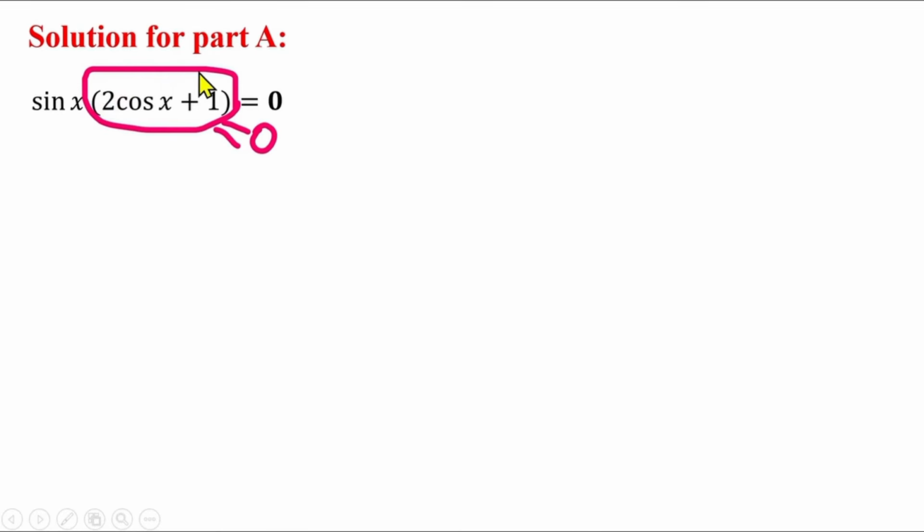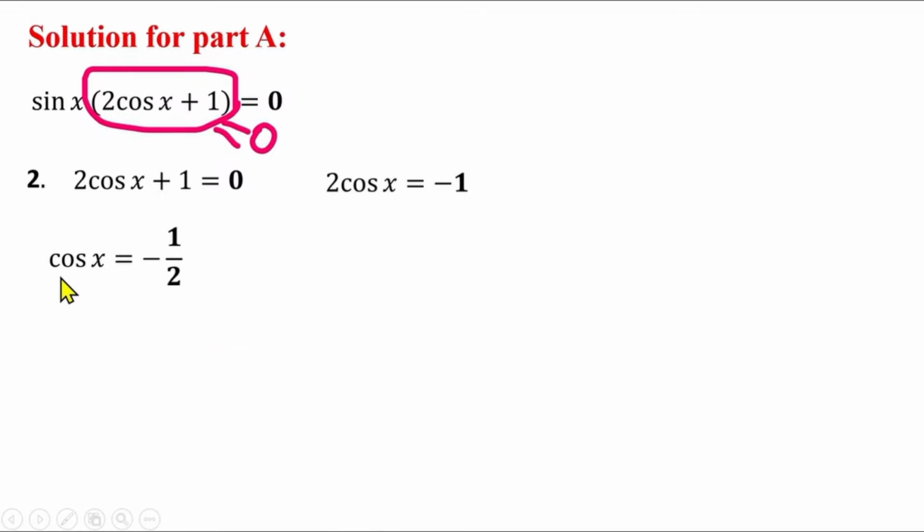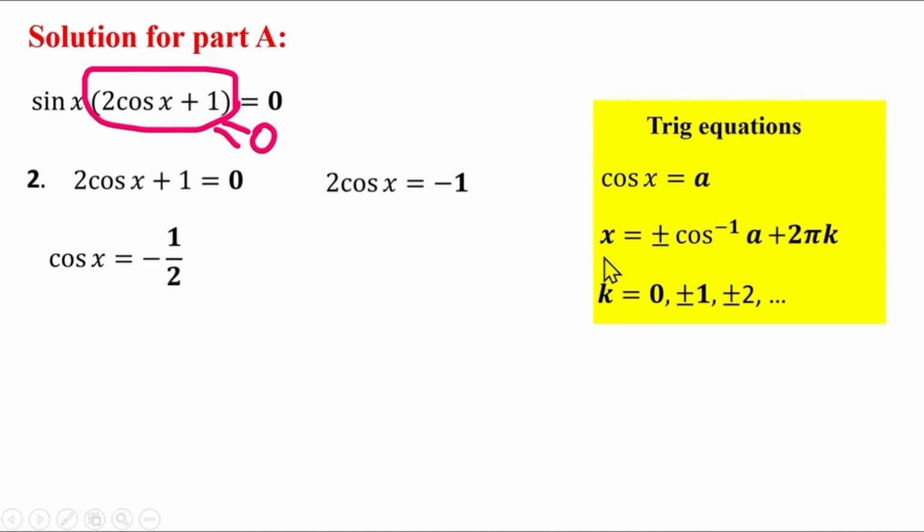Now we consider that the second multiplier equals 0, so it gives us this equation. We transform it into steps, and we have the equation cosine x equal -1/2. Again, we recollect the solution of the equation cosine x equal a. It is here.